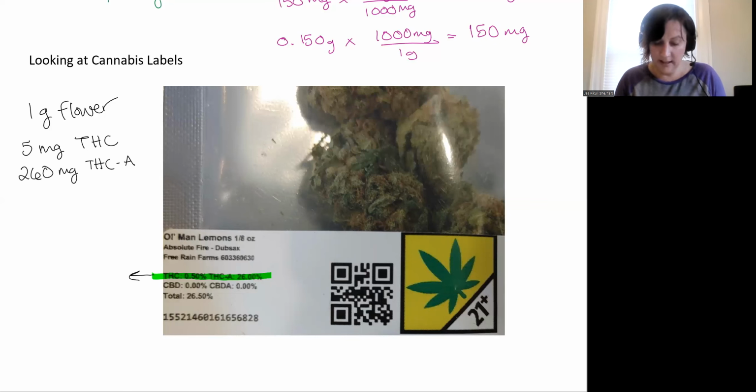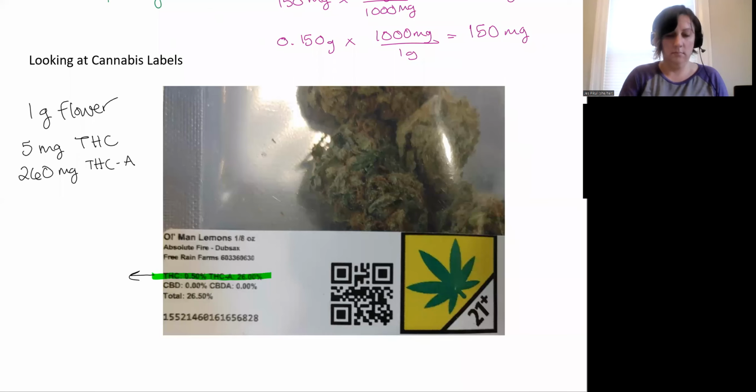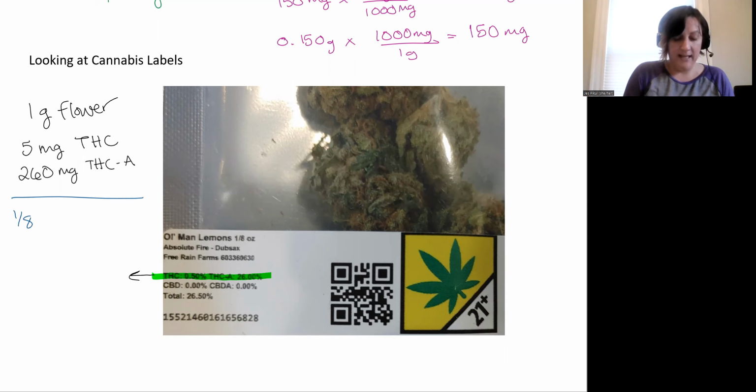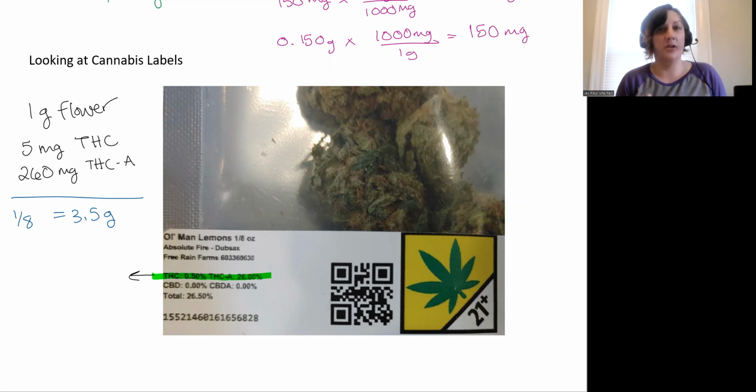Now it looks like this is a 1/8 ounce, which is going to be a little bit more than 3 grams. But if this is 1/8, then that is 3.5 grams of flower. And so we can multiply these by 3.5 to know the total amount of THC and THCA contained in this baggie.